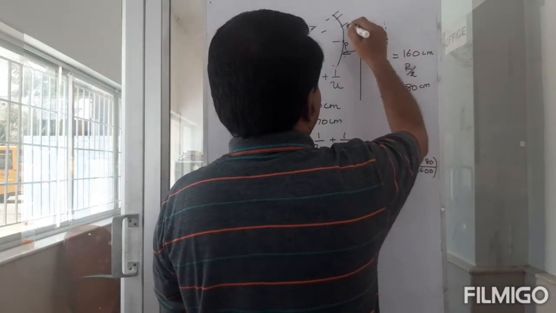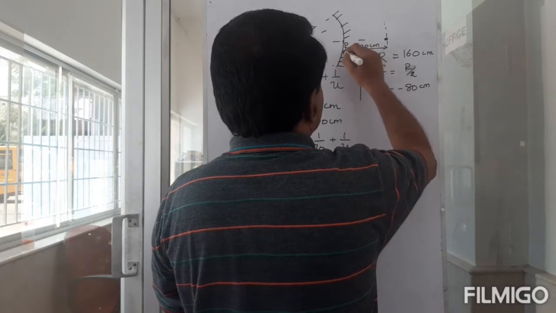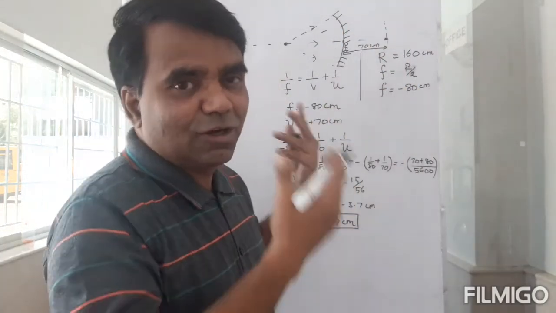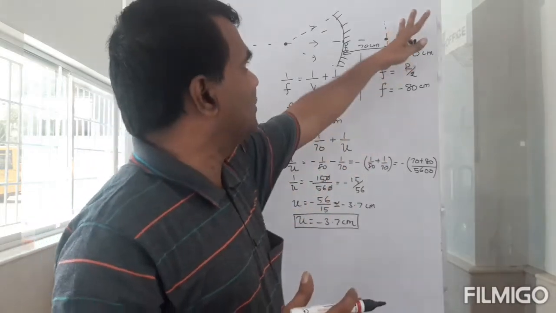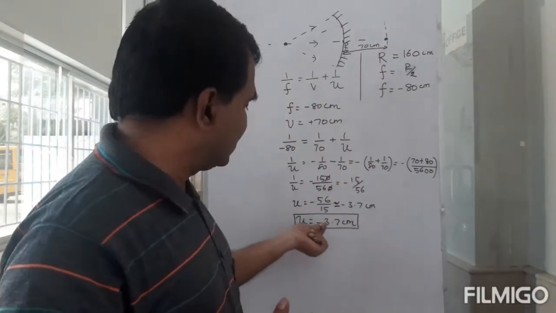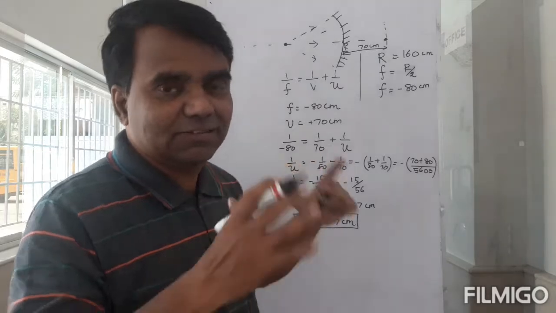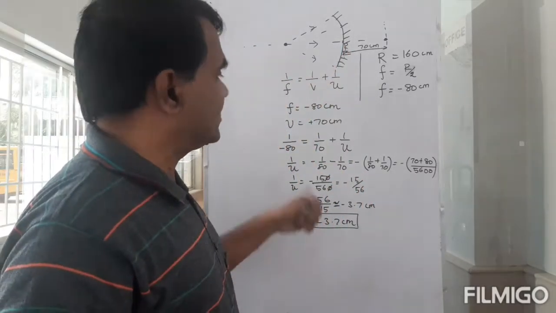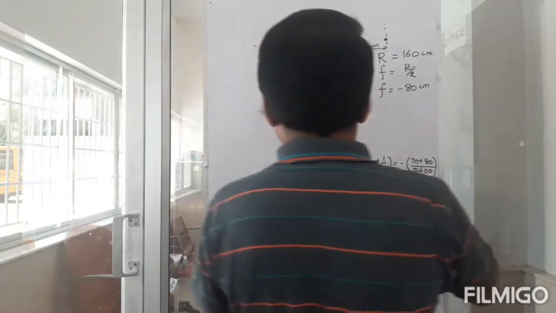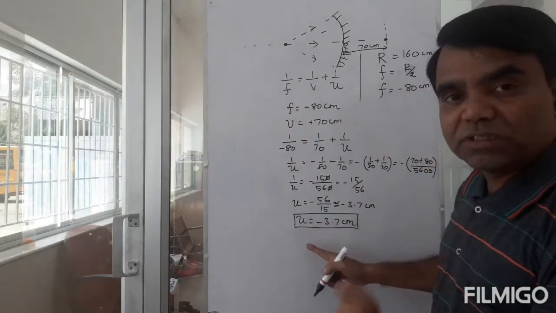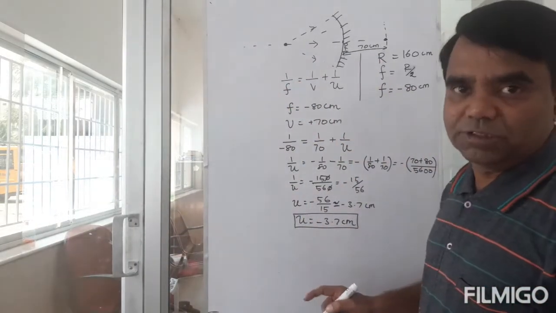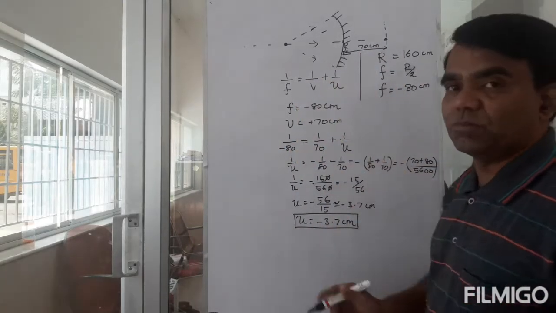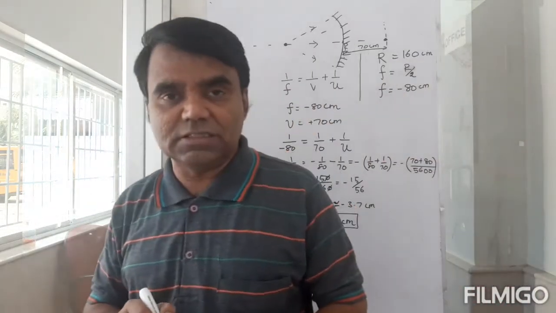So that cannot happen. If you keep the object on the other side, there is no reflection, or no law of reflection obeyed. Nothing will happen here. So if I got it with the plus sign, then somewhere I made a mistake. That's what it is. So u minus is correct, because the answer you will get will also be with the sign convention. Okay, so u is minus 3.7. So use this formula always with the sign convention.